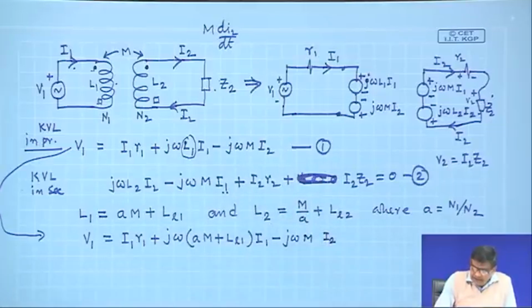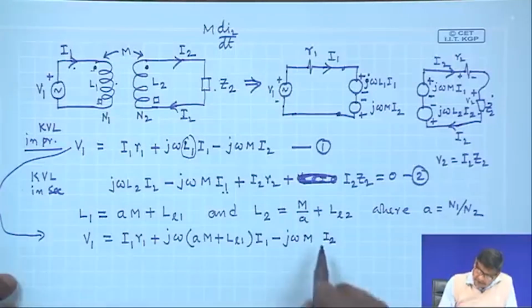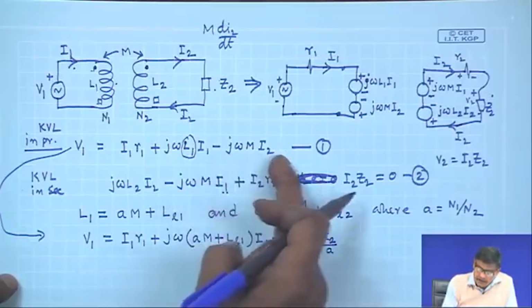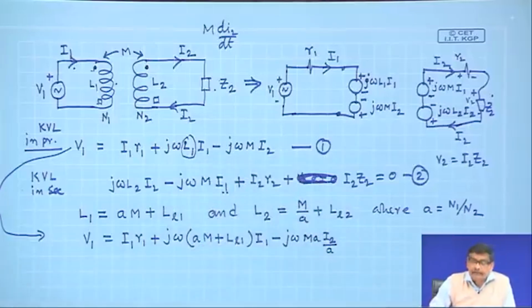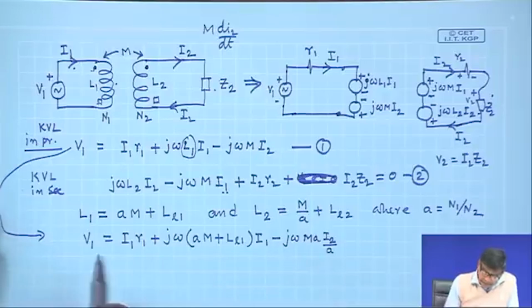What I will do is, I will just divide by small a and multiply by a, so it remains j omega M I 2. This is the trick I have applied here. The reason will be clear why it is done.